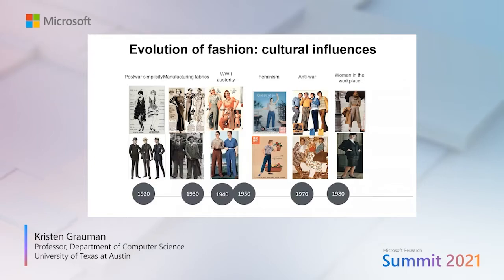So if you look over the past decades, here looking at, say, largely American history, where there was effects from economics or world events like certain wars that affected the clothing people preferred, whether that was because it was cheaper to manufacture certain fabrics, so these certain glamorous looks became more popular, or after a war where simpler, more austere looks became more important and popular, or to events like the women's movement, where feminist looks and wearing jeans, or women in the workplace. All of these kind of events are following the decades of our history and really a function of what's happening in the world.